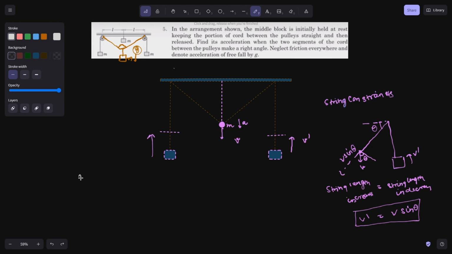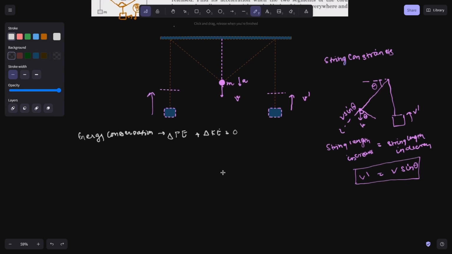Now we can apply the energy conservation. Energy conservation is nothing but change in potential energy plus change in kinetic energy equal to 0. Now the change in potential energy for this central block, let us assume the length as L. Let us assume this theta.